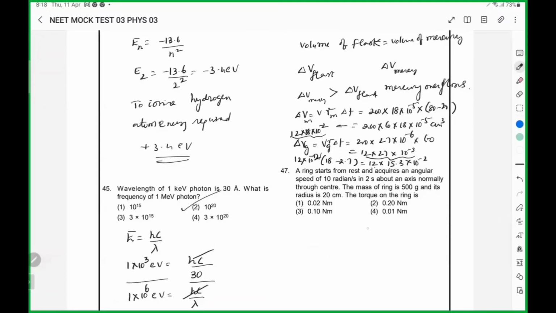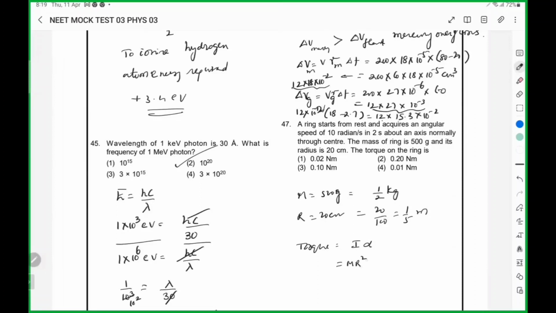A ring starts from rest, acquires an angular speed about an axis through the center. The mass of the ring is 500 grams, half kg, and its radius is 20 centimeter. In terms of meter, it is 1 by 5 meter. Torque on the ring is equal to I alpha.